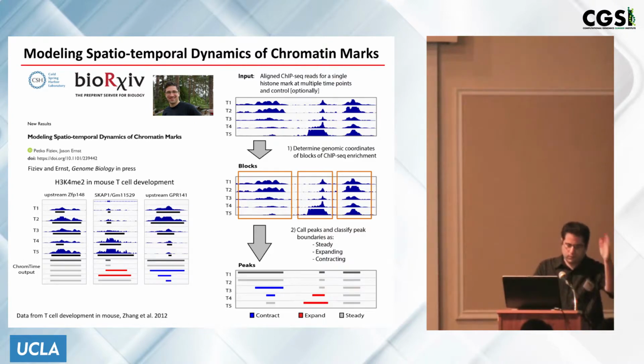And a lot of these chromatin state modeling approaches can be applied to the time series data. But what will happen is you're annotating each position in the genome, giving it some specific chromatin state call, but it's missing one aspect of this data, this notion of domains expanding or contracting here.